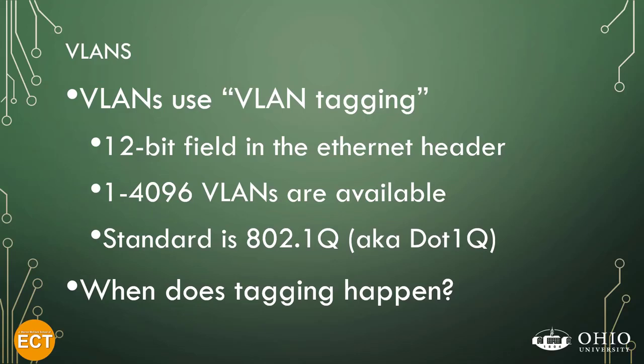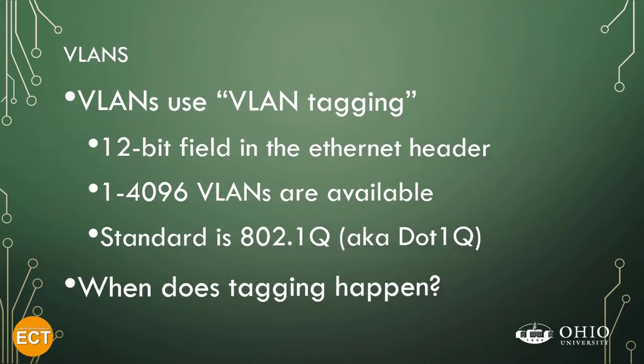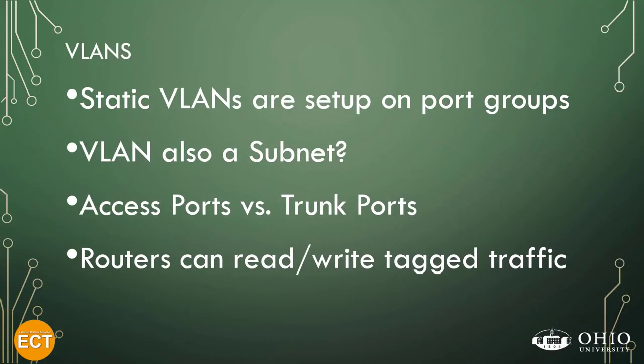So if I have 5 ports in a switch and they're in a port group, and they all have the same VLAN associated with them, then devices on those ports will have LAN level connectivity to other devices in that port group. Like I said, static VLANs are set up on port groups. So when we go into different switches, sometimes they're GUI and sometimes they're not.